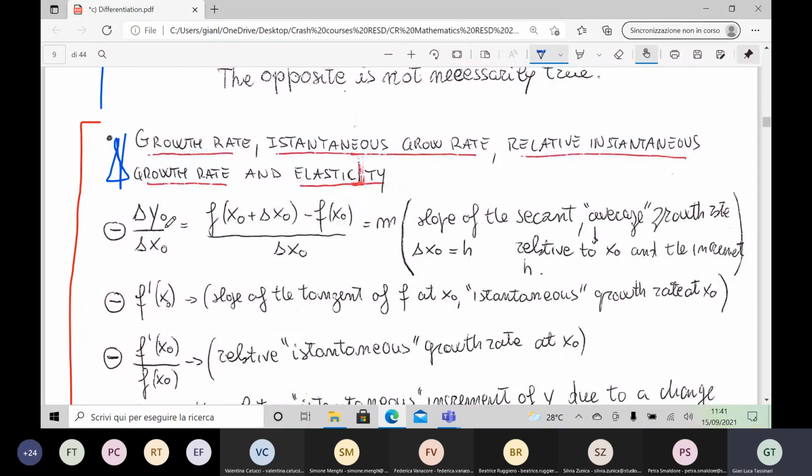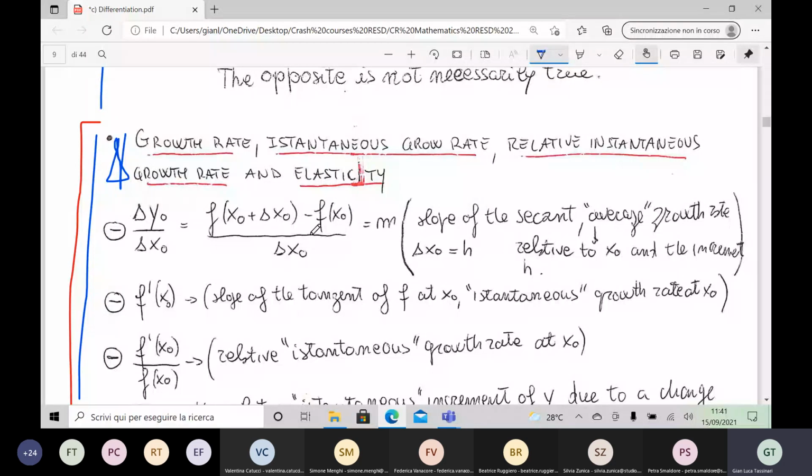I wrote f(x0 plus delta x0), or f(x0 plus h) if you want, minus f(x0), which is the change in the value of your function as you increase x0 by an interval of length delta x0, which can also be called h, divided by the length of the increment, which is delta x0.